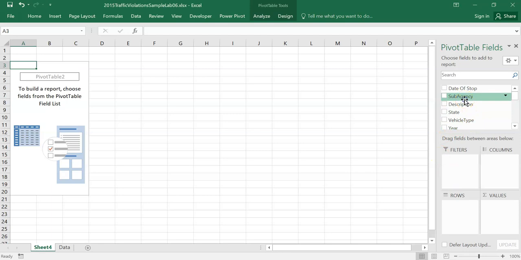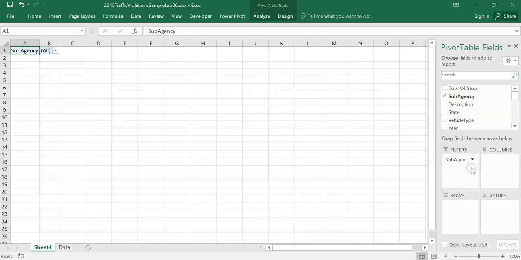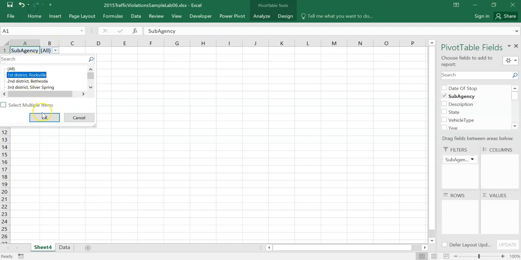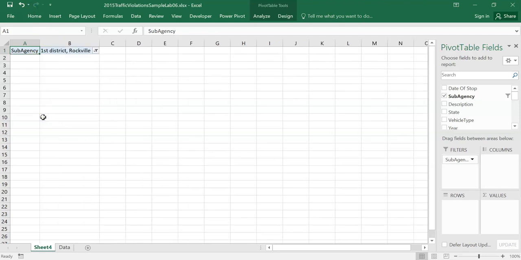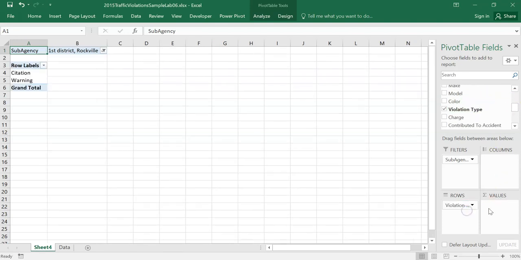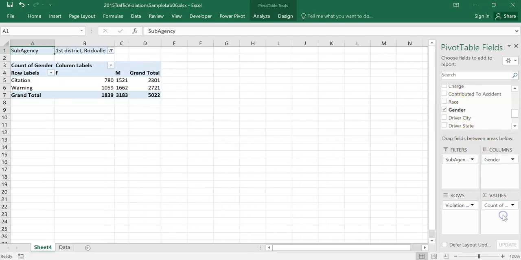We're going to restrict ourselves to the first district, Rockville. And we're going to look at violation type and male versus female.